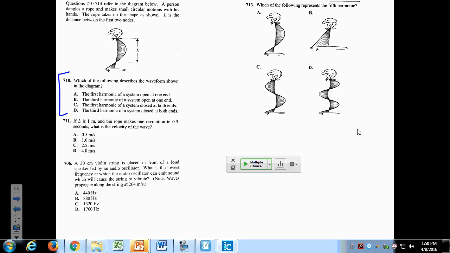So if we were to consider the ones that we've been drawing, it'll be a tube like this, and it would have a wave like that and like that. This, by the way, is going to be 3/4 wavelengths. So this is our third harmonic. Remember, we have a first, a third, and a fifth, seventh, ninth, and on and on.